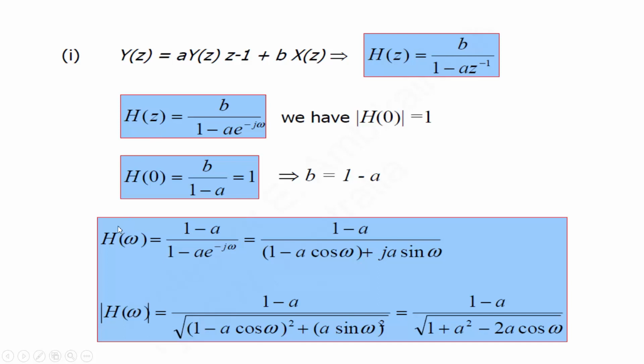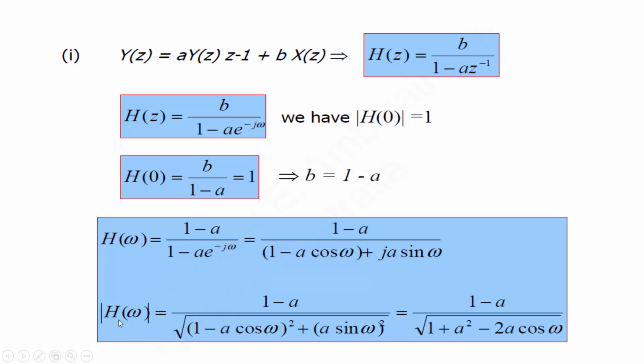From there we can calculate the magnitude response, which is the modulus of H omega, and we also need to calculate the phase response, which is the angle of this complex term. Now we can expand e to the power minus j omega as cos omega plus j sine omega, so this expression takes this form.